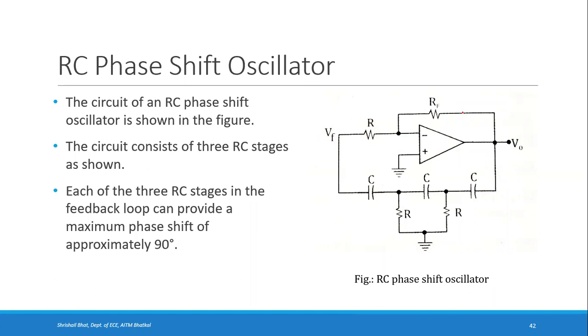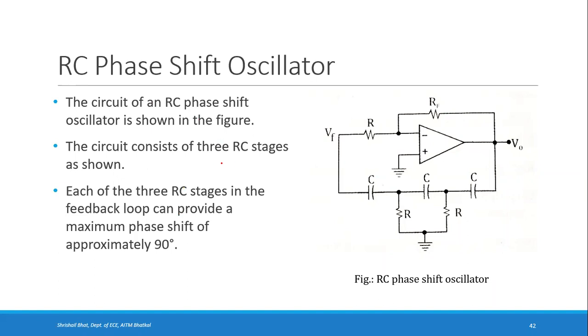From the output, we are connecting back to the input. This is the amplifier, and this is the feedback. The amplifier produces a phase shift of 180 degrees, and the feedback produces another 180 degrees. So altogether, the phase shift is 0 degrees or 360 degrees.